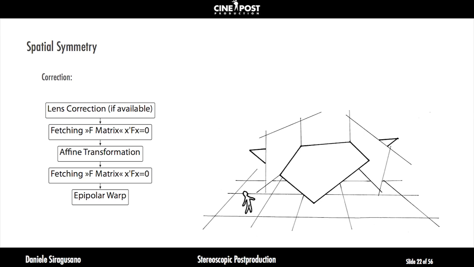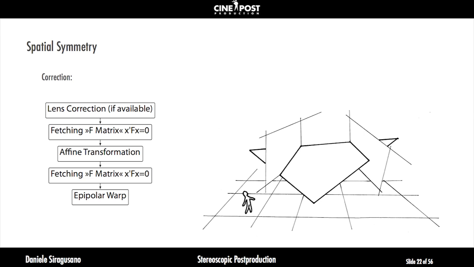What we are doing is first correcting the lens distortion if it's available, but we don't need it. It's good to have, as the results get more accurate, but we get pretty good results without it. Then we are fetching a so-called fundamental matrix. This is a process of feature tracking and calculating.